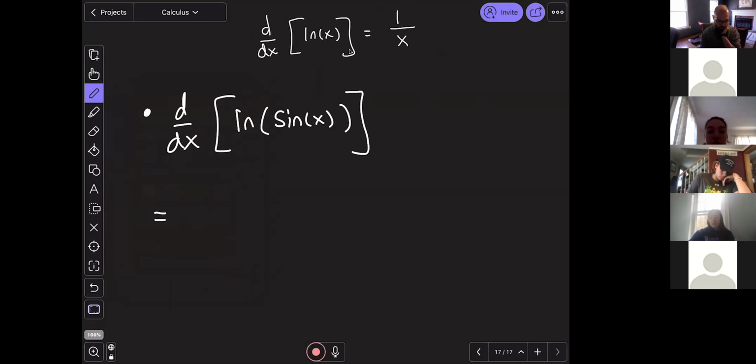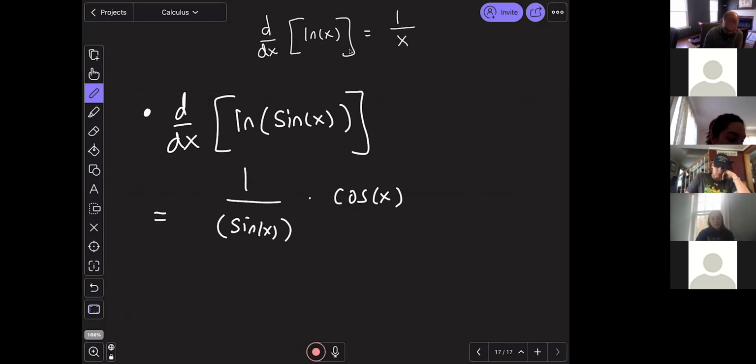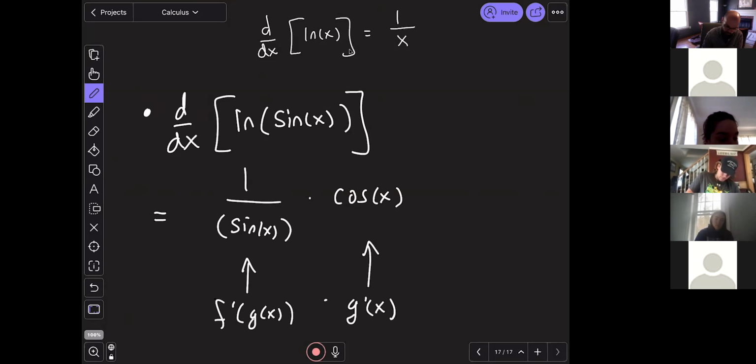So the derivative of that is 1 over our inside function, which ends up being sine x. And then we multiply by the derivative of sine x, which is cosine x, right? So this would be a chain rule example where this piece is our f prime of g of x, and this piece over here is our g prime of x.